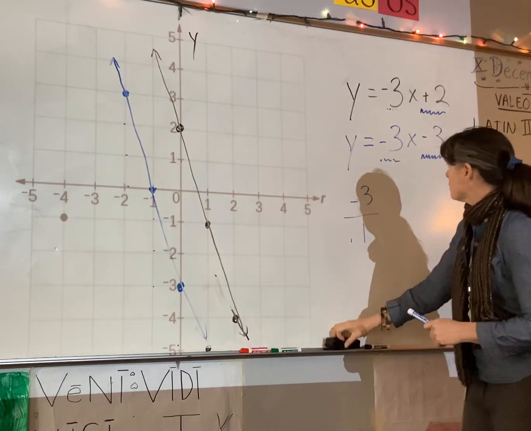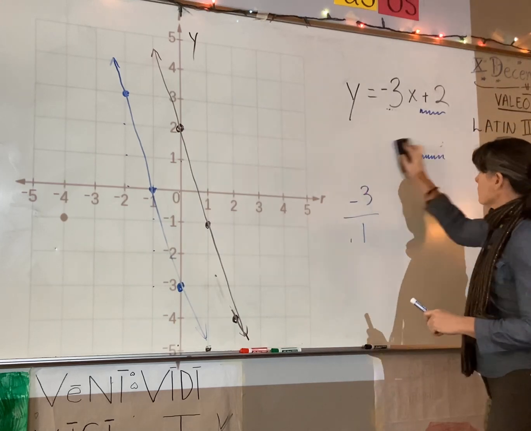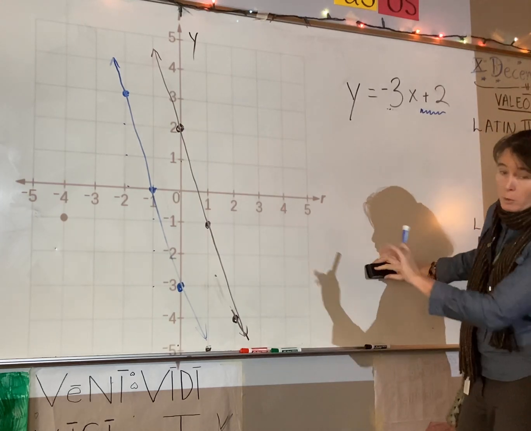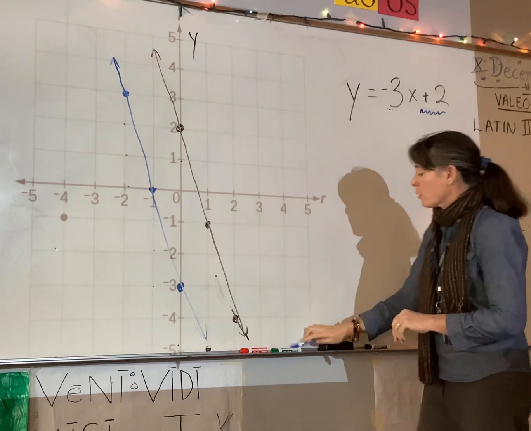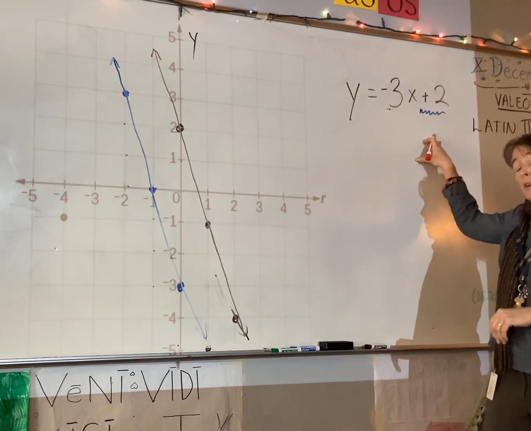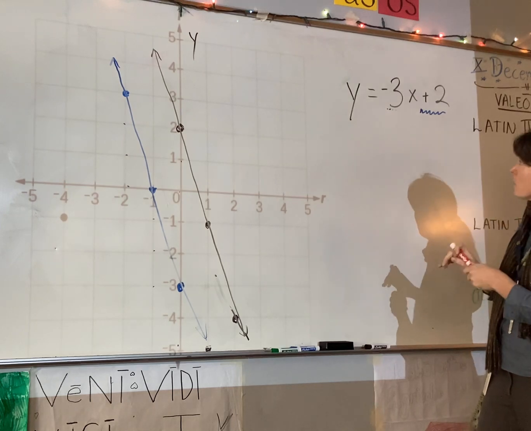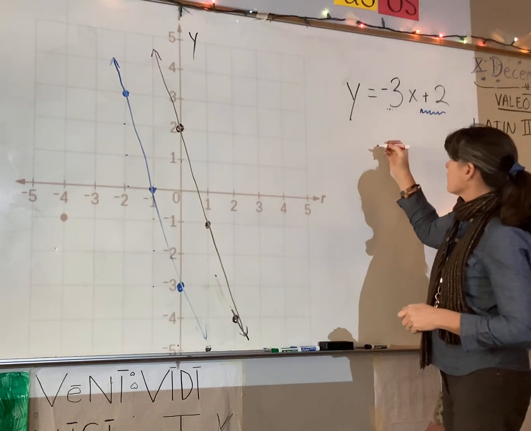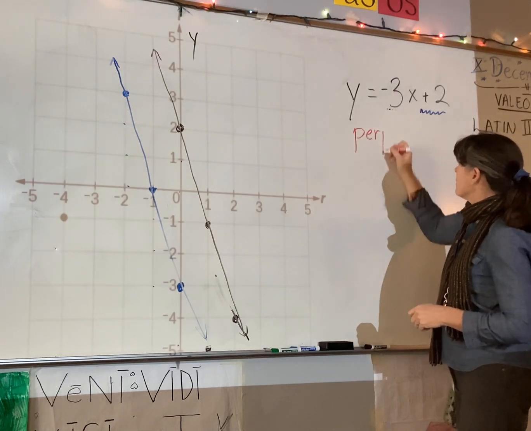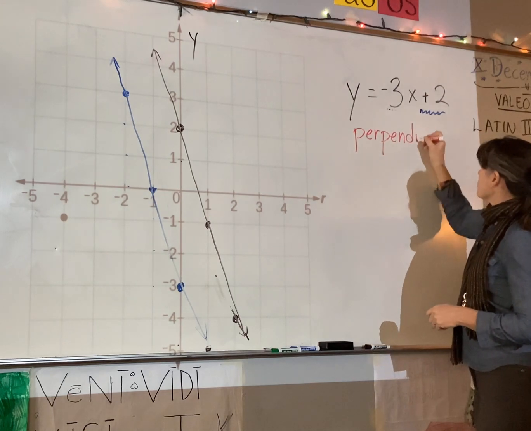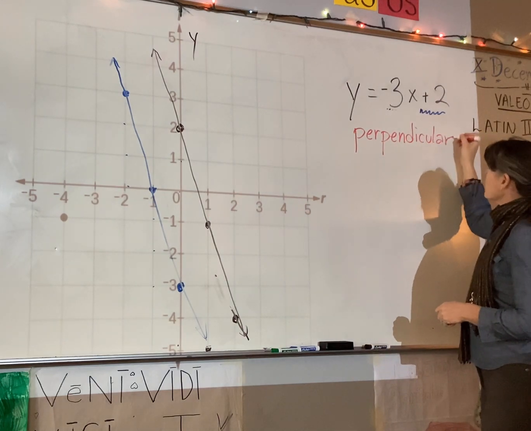Okay, so now we're going to do a second transformation. Leave the equations on your paper, don't erase them please. But we're going to rewrite this equation to give us a line that will be perpendicular at right angles to that line. So perpendicular means at right angles to something else. So how do we do that?